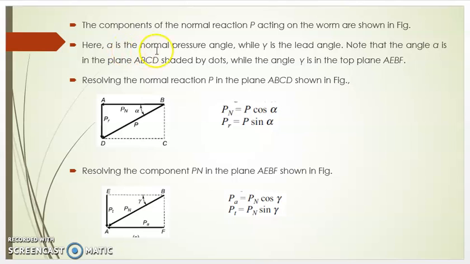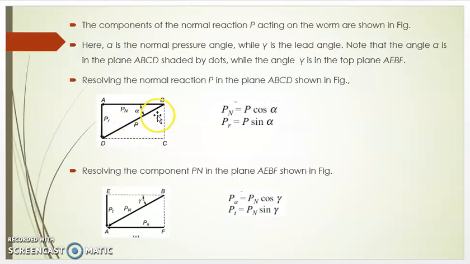Here alpha is the normal pressure angle while gamma is the lead angle. Note that the angle alpha is in the plane ABCD shaded by dots, while the angle gamma is in the top plane AEBF. Resolving the normal direction P in the plane ABCD shown in the figure.